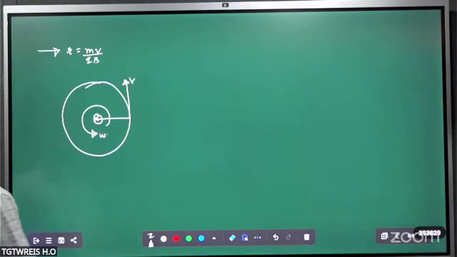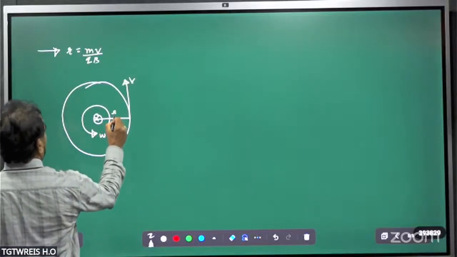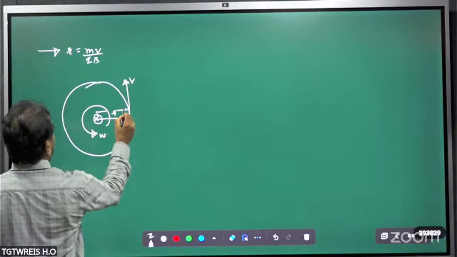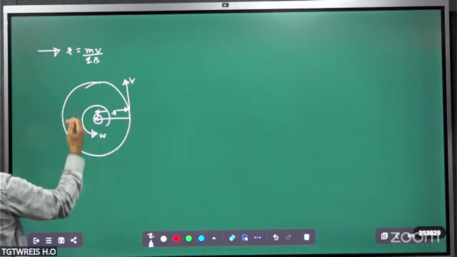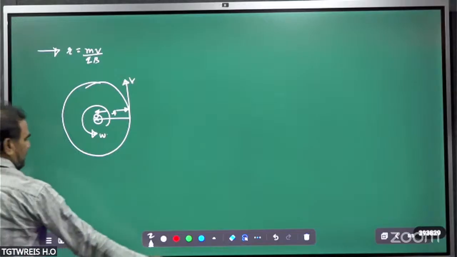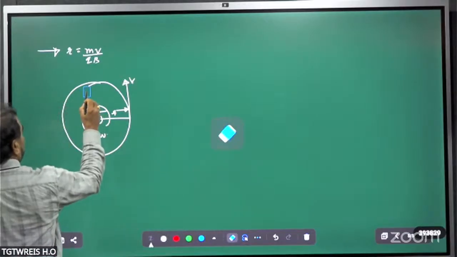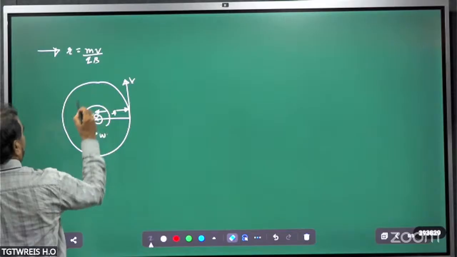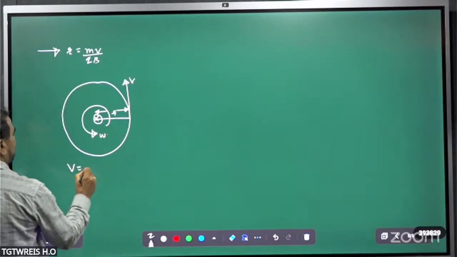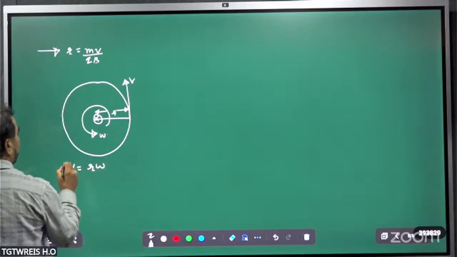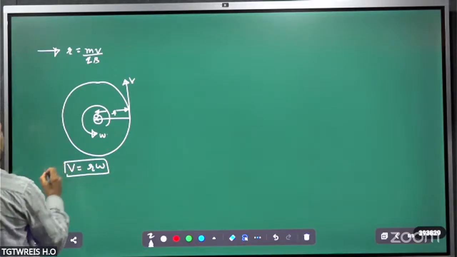Let's take the radius of the circle to be r. So what is the relation between linear velocity and angular velocity? V is equal to r omega, which is already known.